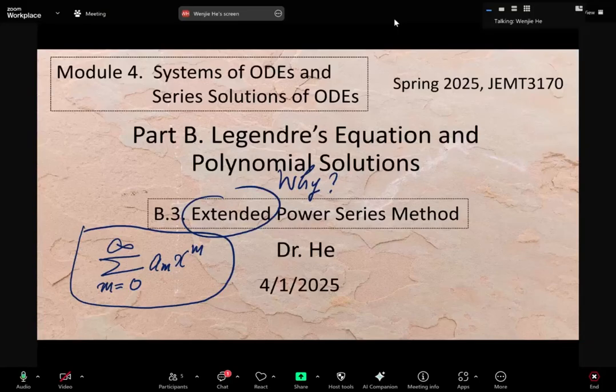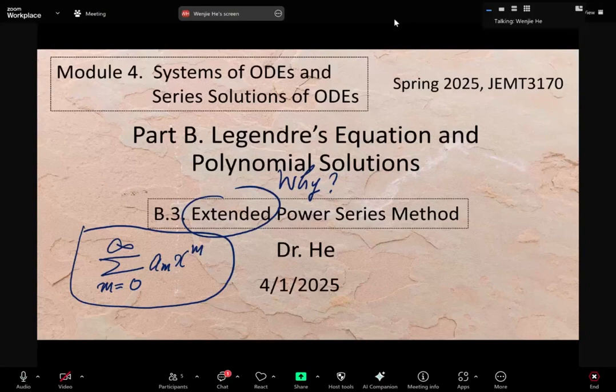The reason is straightforward: a power series representation is not enough to represent the solution form, so we have to consider an extended way to make it suitable to represent the solution form. That's the main reason.